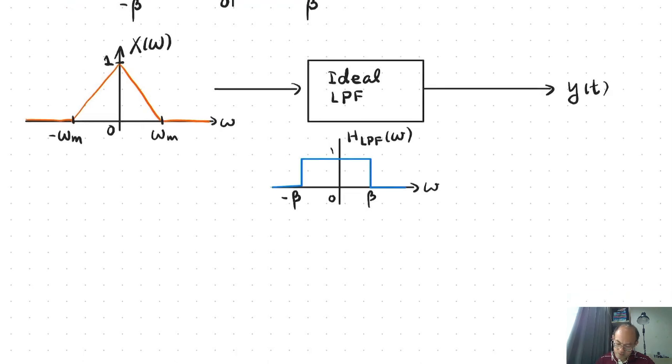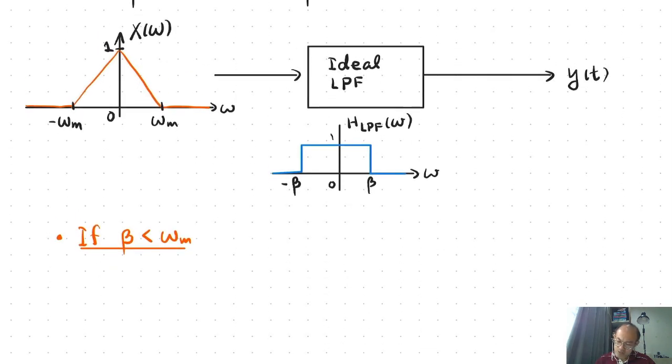So if beta is less than omega m, this means that some of the frequency components of x would be blocked by the ideal low pass filter, because beta is less than omega m, right? So this portion of the signal will be blocked from passing through. Only this portion would be able to pass through. So the spectrum of the output will look like this.